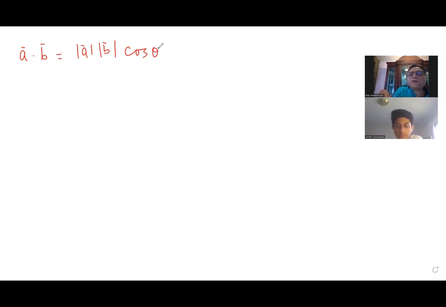So if I am given two vectors A and B, let us put B along this side. Let's say this is vector B. And then we have a vector A. And the angle between them is given to us as theta. Whenever you are seeing the angle between vectors, you have to put them tail to tail.